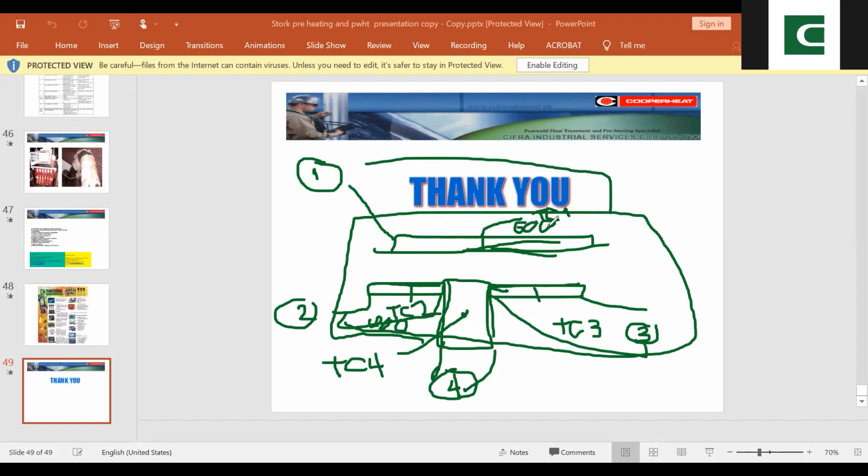Hindi pwedeng dito 600, dito 580, tapos dito 400, may iiwan to. Kung ito ay 400, sumisingaw tong area to. Doblehin mo ang pagkakabalot dito sa area to. So, importante na ang iyong graph pare-parehas ang temperature sa taas, sa baba, at saka sa kaliwa at sa kanan.